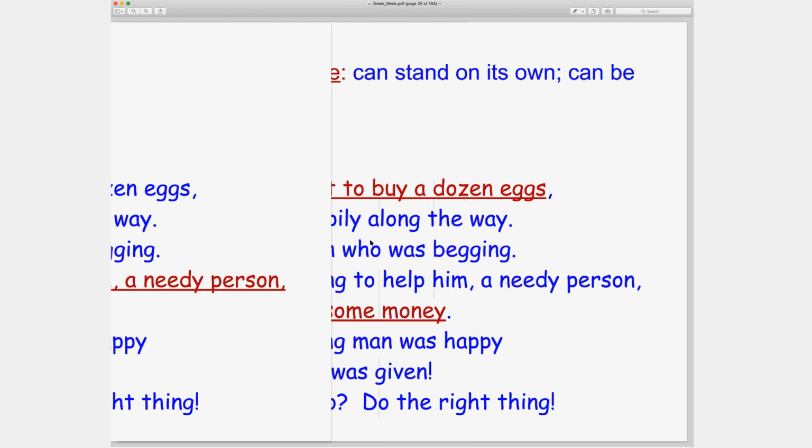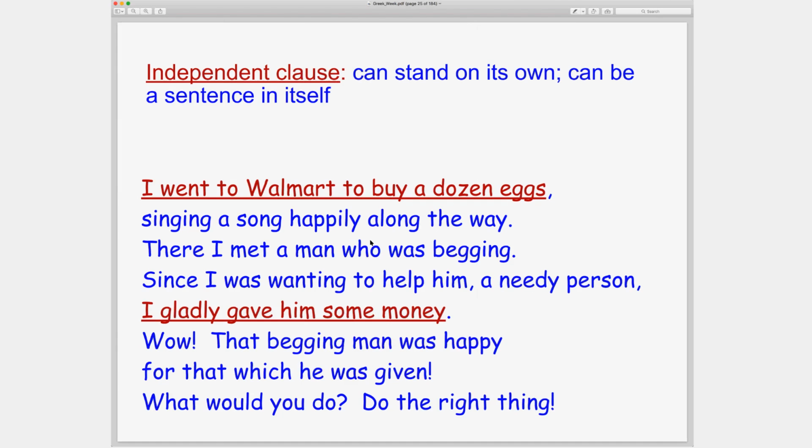The subordinate or dependent clause cannot stand on its own. But an independent clause can stand on its own and can be a sentence in itself if it wanted to be. I went to Walmart to buy a dozen eggs, period. I could have put a period there. But it's I went to Walmart to buy a dozen eggs, singing a song happily along the way.